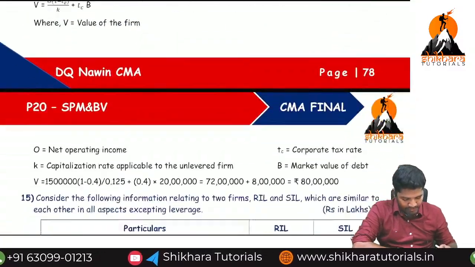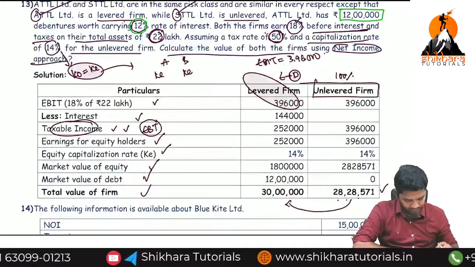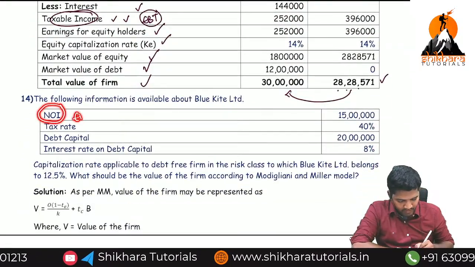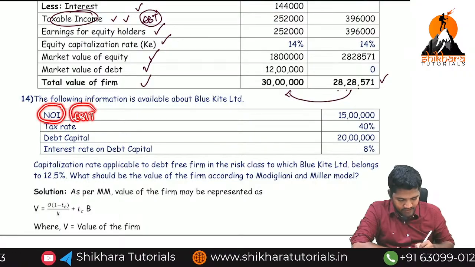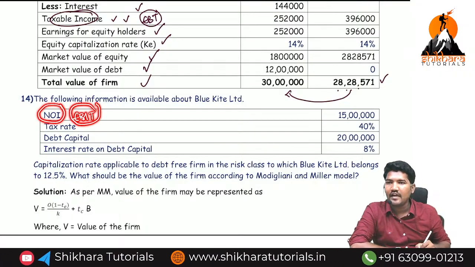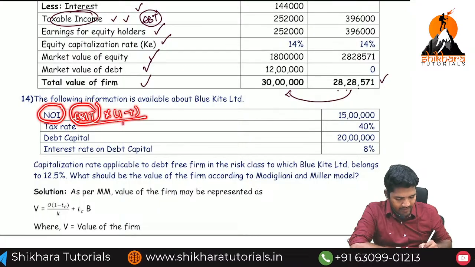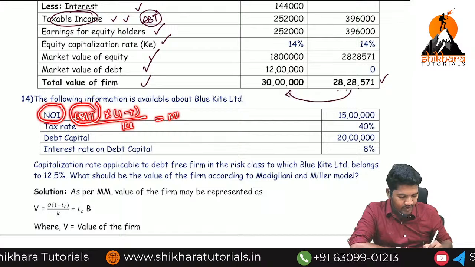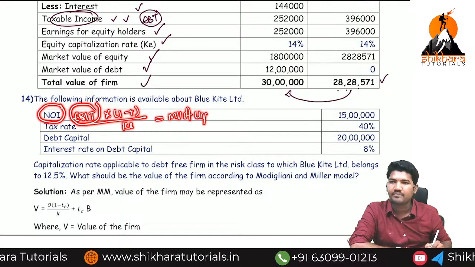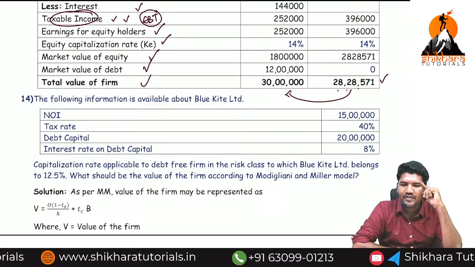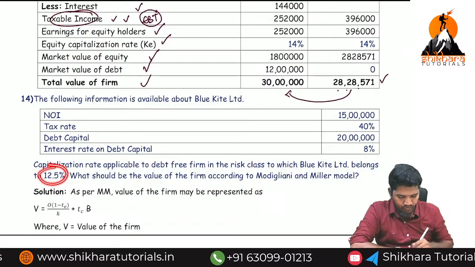Now the point is, net operating income is nothing but what, sir? EBIT into (1 minus tax) divided by KE. You will get what? Market value of unlevered firm. So you can say directly 15 lakhs into 0.6 divided by 0.125.